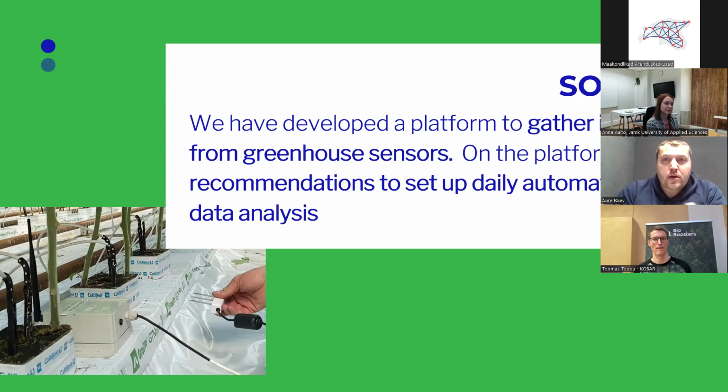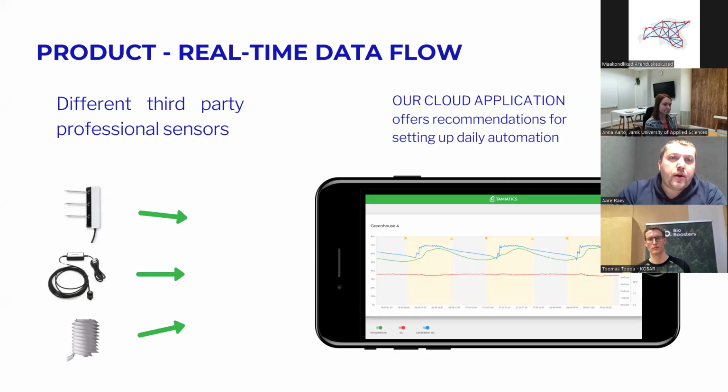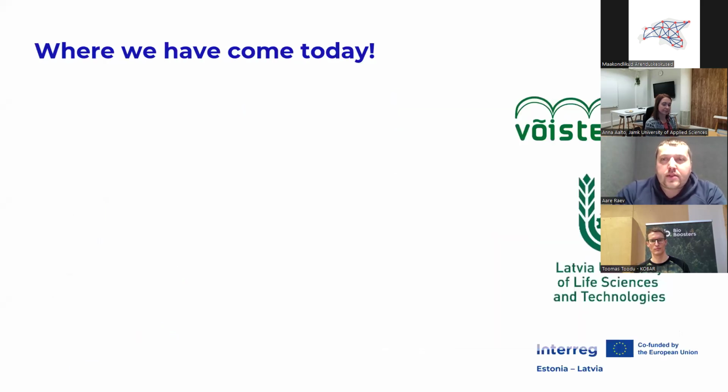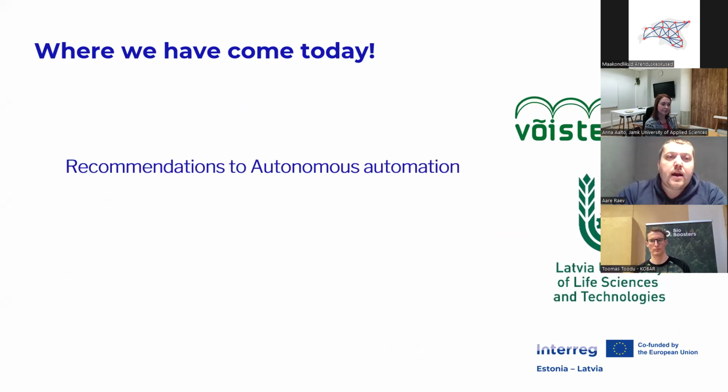And we use all the information we get out of the greenhouse. We also use next-day weather prediction for the data analysis. So basically, we are using third-party sensors, and we have our own cloud application. Where we are now is that we have finished step one. We are starting one step further, and together with the Latvian University of Life Sciences and Technologies, we are going from recommendation to autonomous automatization.